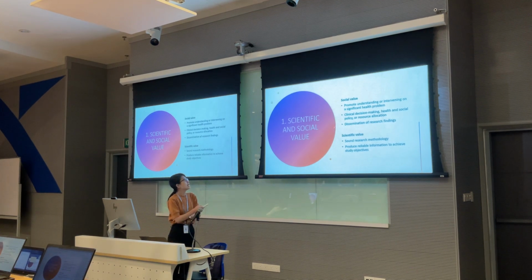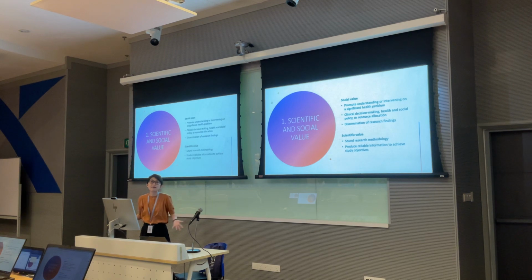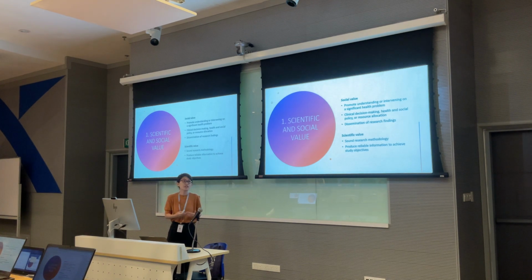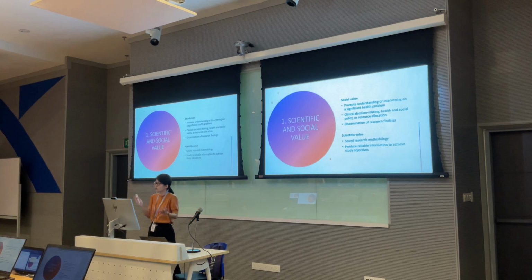The last one is the dissemination of research, meaning how well you disseminate your knowledge. If you are just performing research alone and without sharing the data, no one will know about your research. In that case, your social value will be very low, because the aim of your research study is to create knowledge for the society.